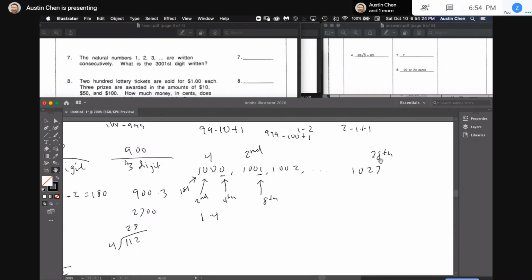So we add 999 to 28, and we get 1,027. And again, we said that the 112th digit is going to be its last digit. So our 112th digit of our four-digit numbers is going to be 7, which is the digit that we wanted to find in the first place. So it's just going to be 7, which is our answer.